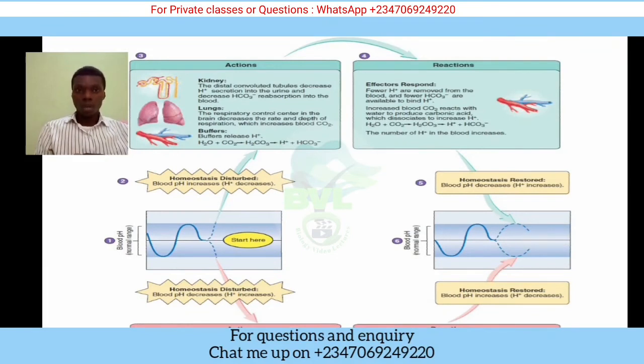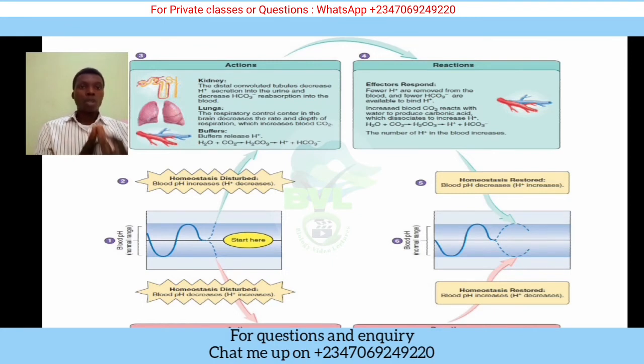All right. Now, what will happen is that 3 things will be done. The kidney will play a role, the lungs will play a role, the blood will play a role, but I will just focus on what the kidney will do here. Now, the distal convoluted tubule decreases the amount of hydrogen. Presence of hydrogen used to decrease pH, which means it will make us have acidic nature.